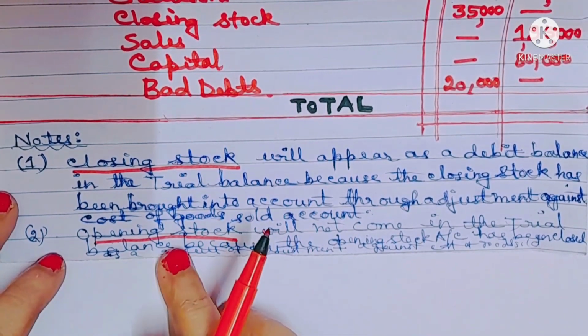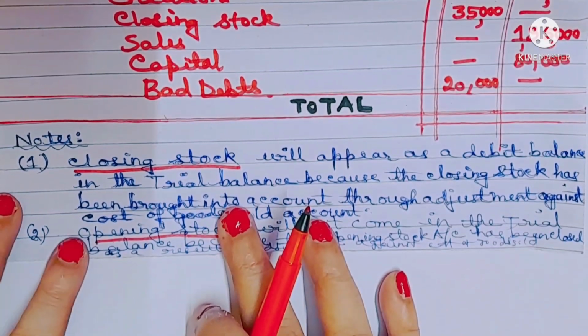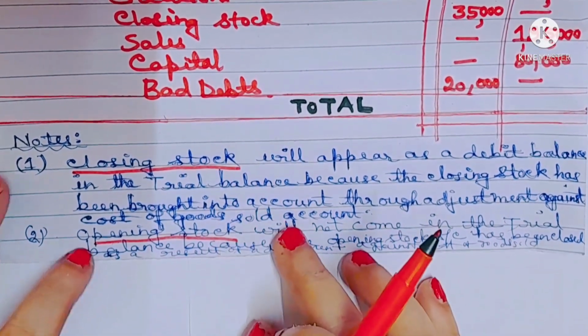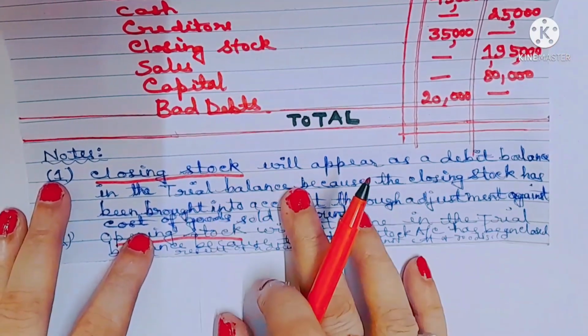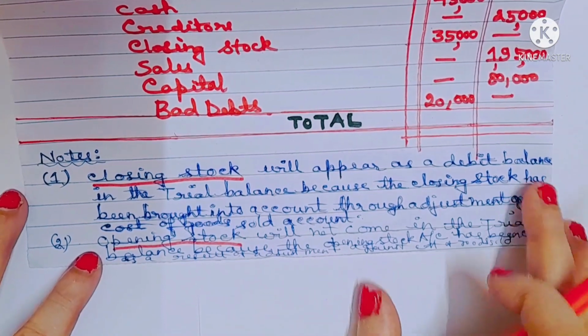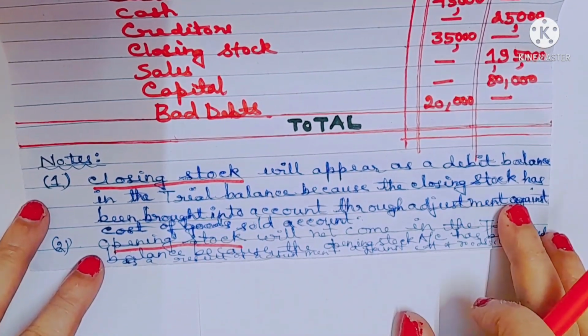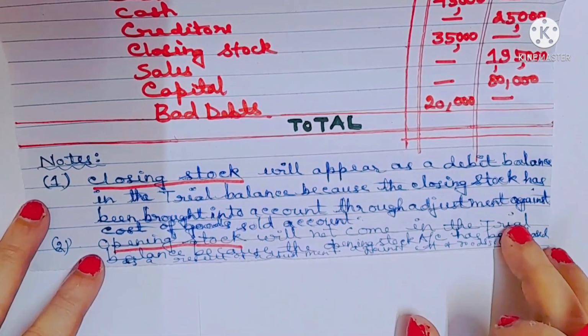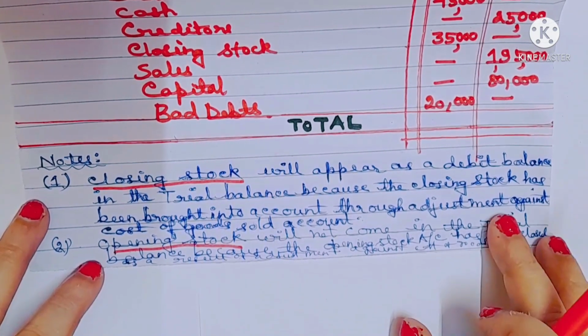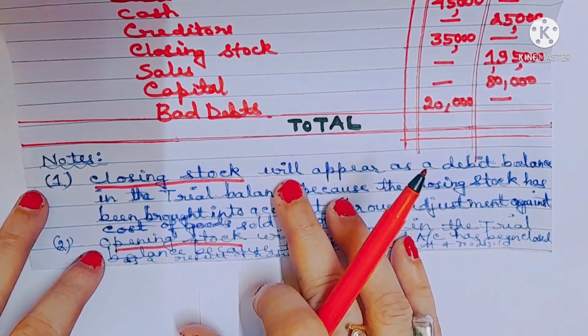I've already told you what to write. Why closing stock will appear and why opening stock will not appear. Write a short note. Okay. Let me tell you once again. Closing stock will appear as a debit balance in the trial balance because the closing stock has been brought into account through adjustment against cost of goods sold account. That means closing stock has been deducted out of the purchases account.